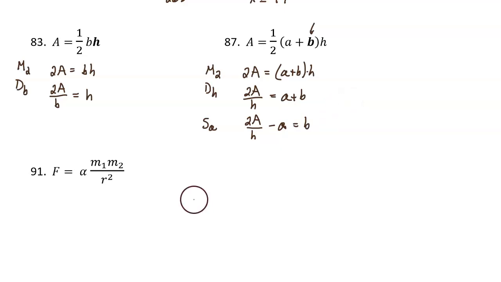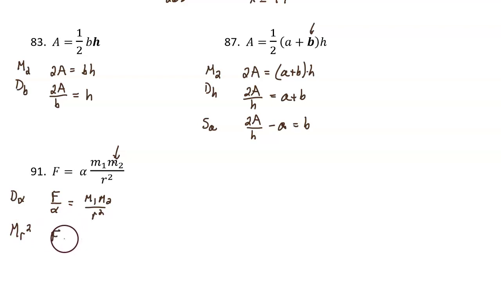Next, 91. A formula from physics class. And I forgot to bold it, but we're asked to get the m2 alone. In the first step, let's divide by the alpha. So we get f divided by alpha equals m1 m2 over r squared. In the next step, multiply both sides by r squared.